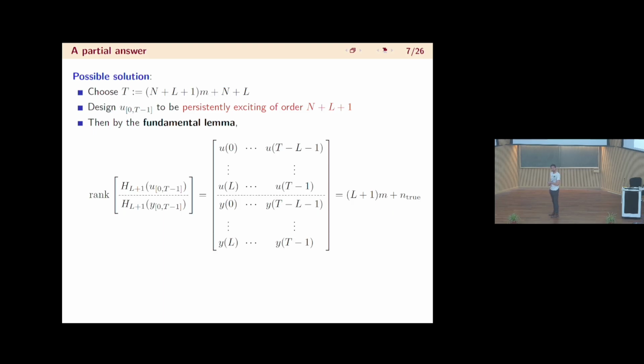It generates some output data, Y, on the interval 0, T minus 1, sorry. And then by the fundamental lemma, it follows that the rank of this input-output Hankel matrix is L plus 1 times M plus N true. So I have this sufficiently high rank on the input-output Hankel matrix. Yeah, and then I can apply subspace identification methods to identify A, B, C, and D.